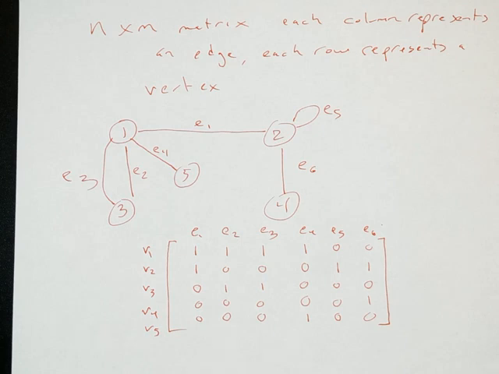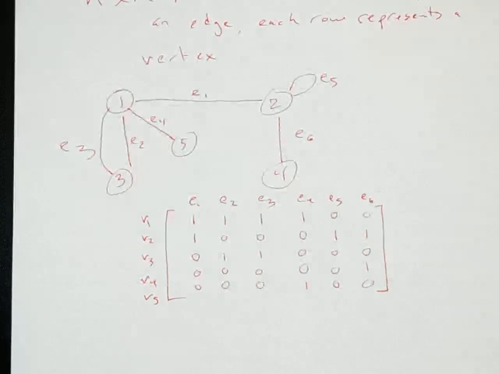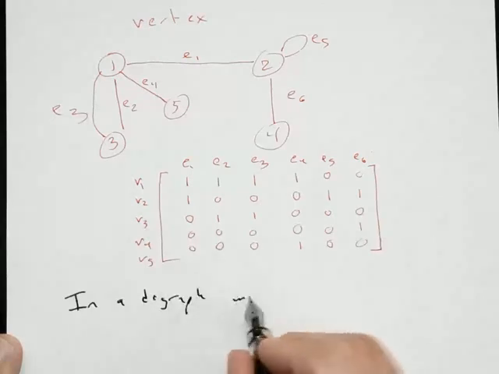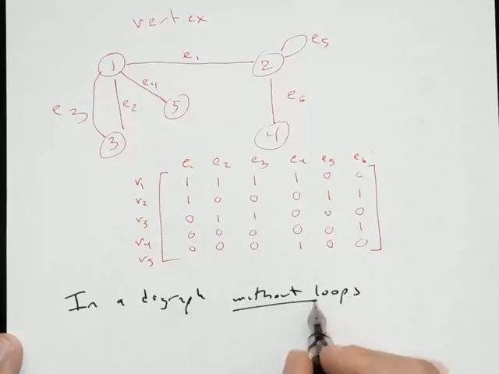How does this change in a digraph? Without loops. Here's a digraph, no loops.